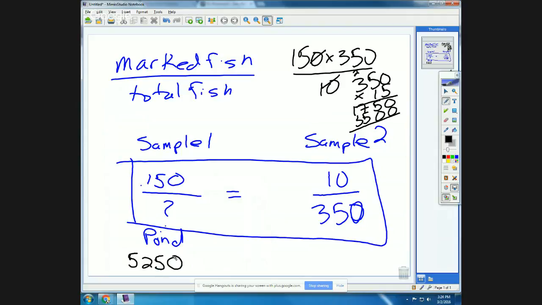Yeah. So I believe there could be 5,250 in the pond if these ratios are equal, if they're in proportion.